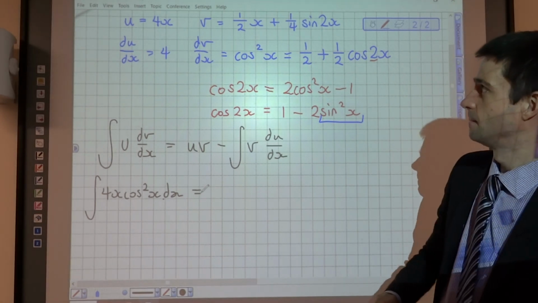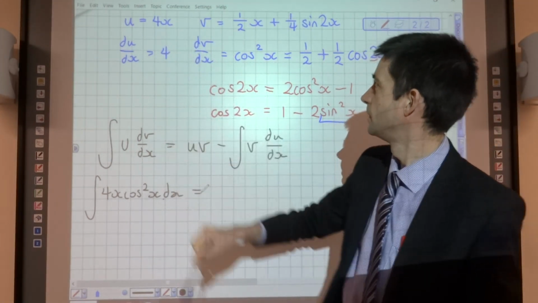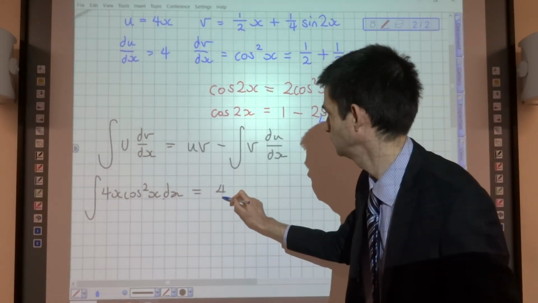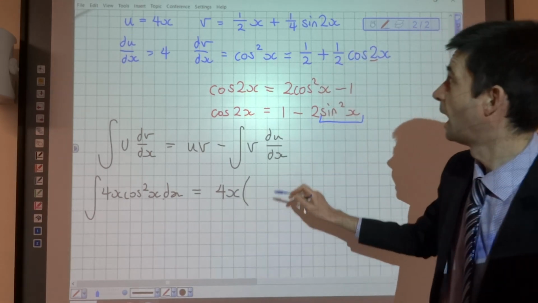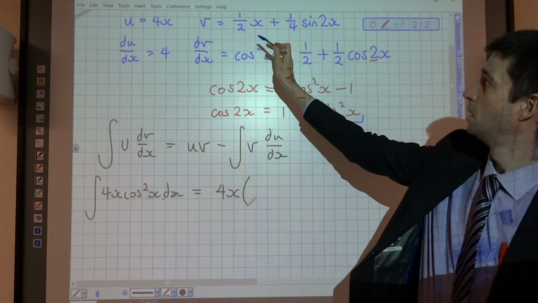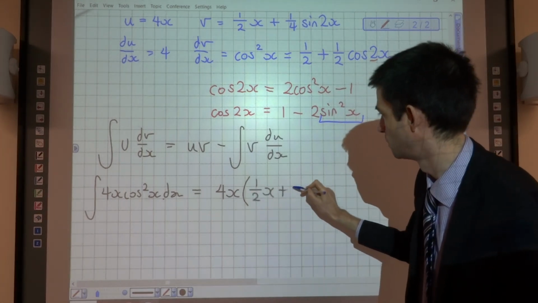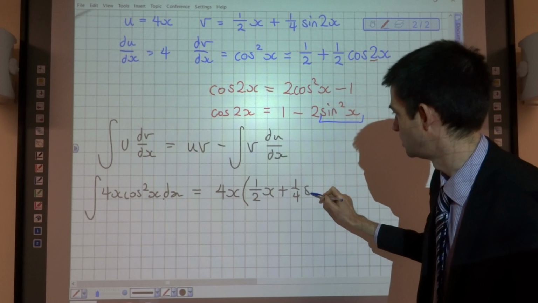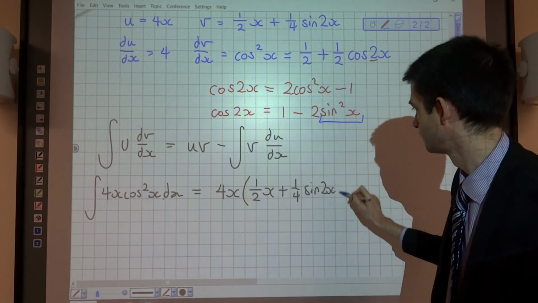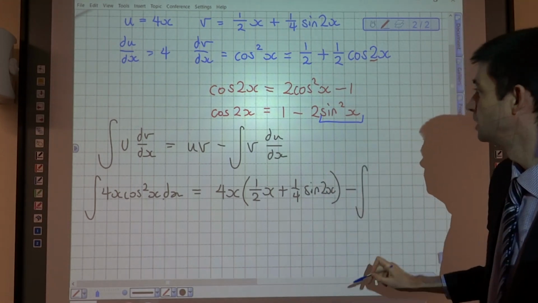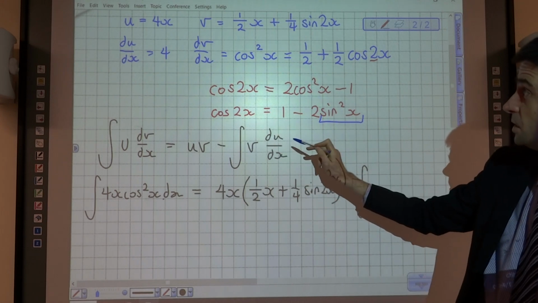Now uv, so u is 4x and v is this whole expression here, so a half x plus 1/4 sine 2x, minus the integral of v du dx.